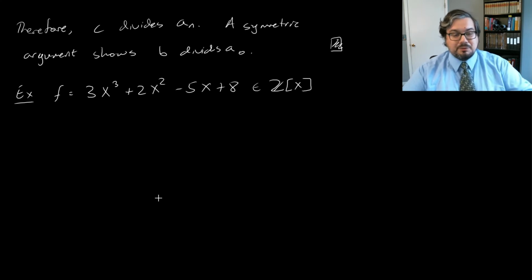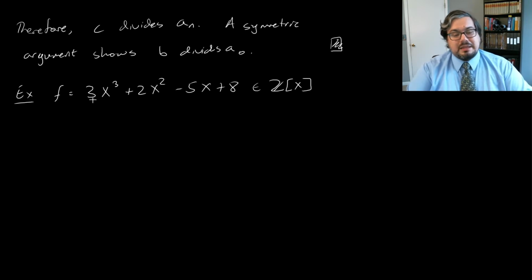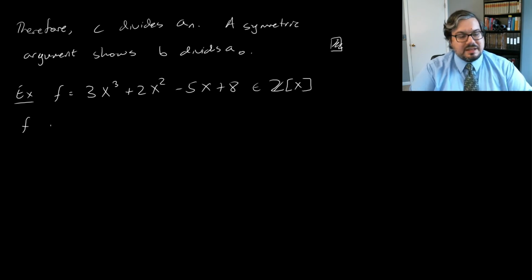No rational number is a root of this polynomial. Now, if we had to check all rational numbers, of course, that would be very difficult, but we can do better by using the previous theorem. So first of all, notice that f is primitive. So f is irreducible if and only if it has no roots.